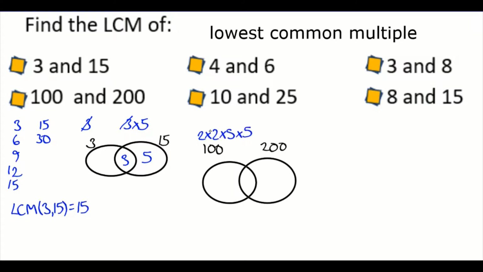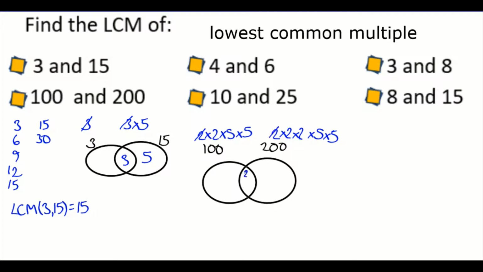The reason I haven't written it as 2 squared times 5 squared is that it's easier to cross out the values as we place them onto the Venn diagram when it's written like this. So 200 is just 2 times 100, so that's got an extra 2 on it. So 2 times 2 times 2 times 5 times 5, and let's go.